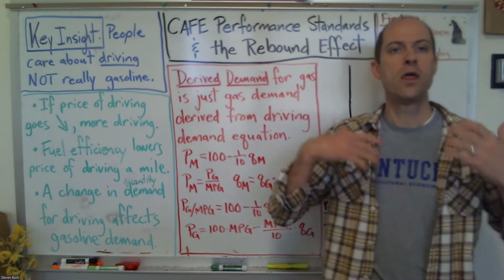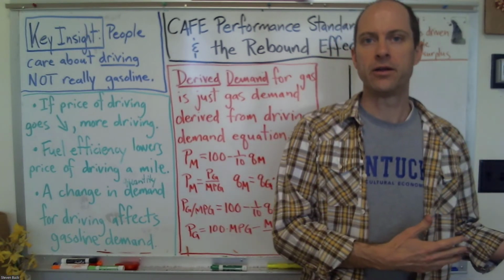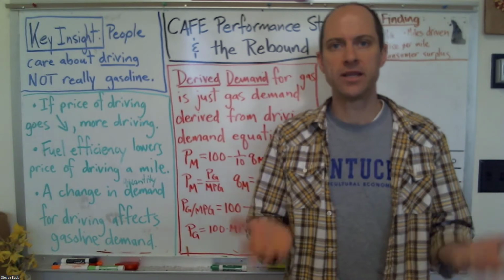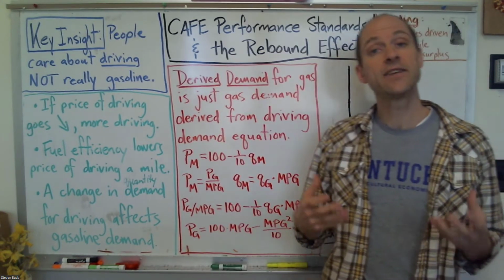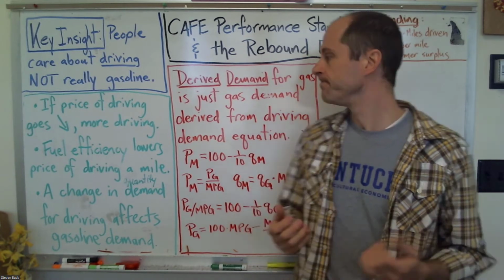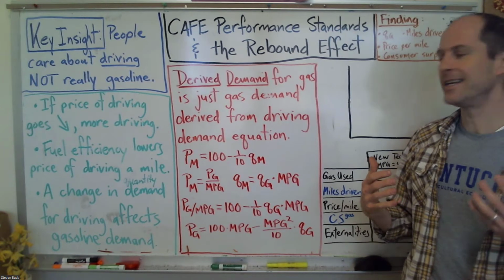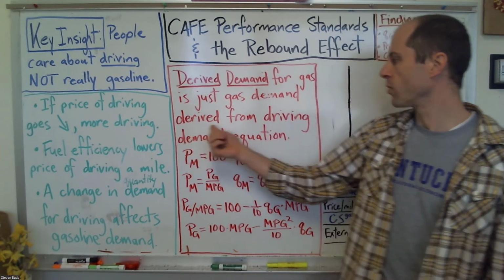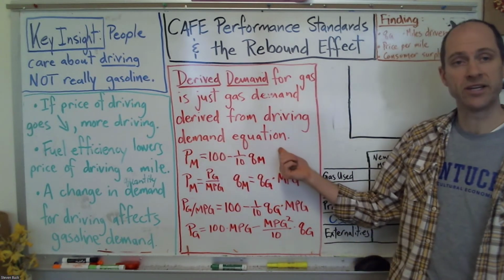So gasoline demand is going to depend on demand for driving. There's a relationship between these two equations. In class I've talked about derived demand. What do I mean by that? All it's saying is that the demand for gasoline is derived from the driving demand equation.